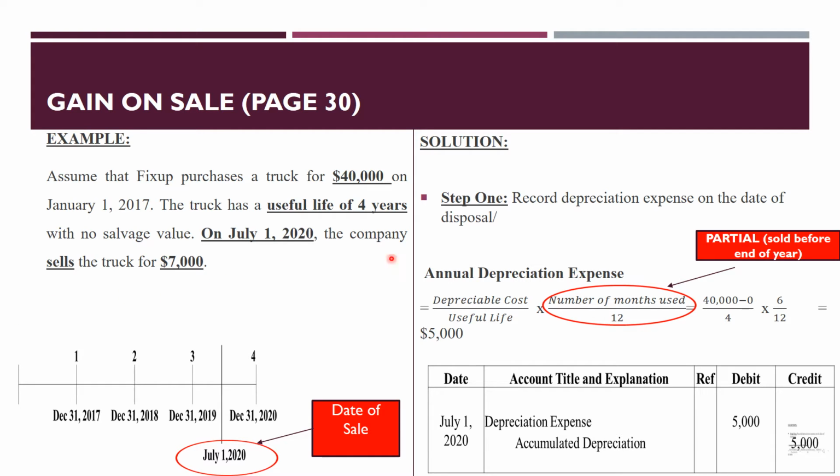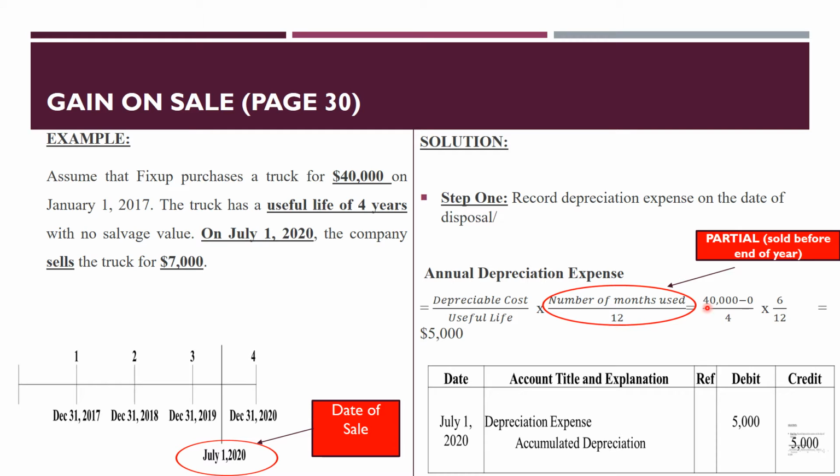The first step, we need to record the depreciation expense on the date of disposal. And that for sure will be depreciation expense and accumulated depreciation. However, in the last year of usage of the truck, we have a partial year because the truck was sold during the year, based on the given July 1, 2020. So to calculate the depreciation expense for the year 2020, we need the depreciable cost over the useful life times the number of months used over 12.